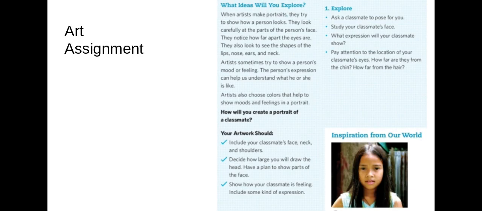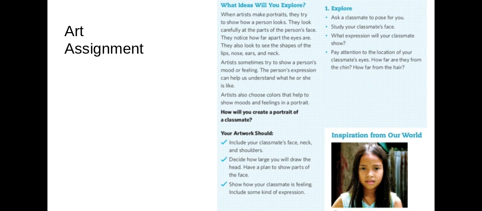So here's our art assignment, just a little intro to it before we get to the nuts and bolts. Your art assignment today should include your family member's face, neck, and shoulders. I really want you to decide how large you'll draw the head and then have a plan to show the parts of the face. Show how your family member is feeling. Include some kind of expression.